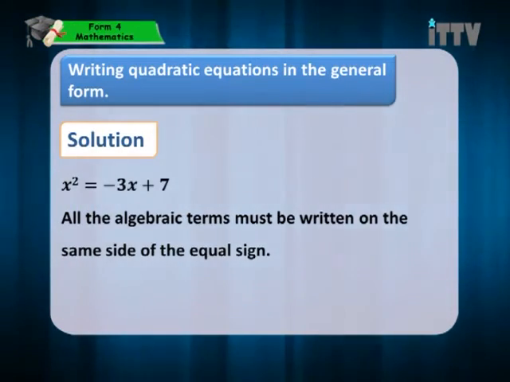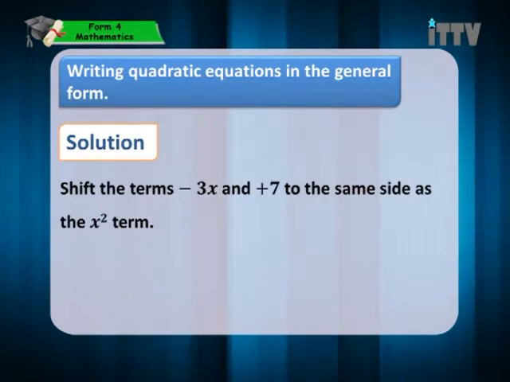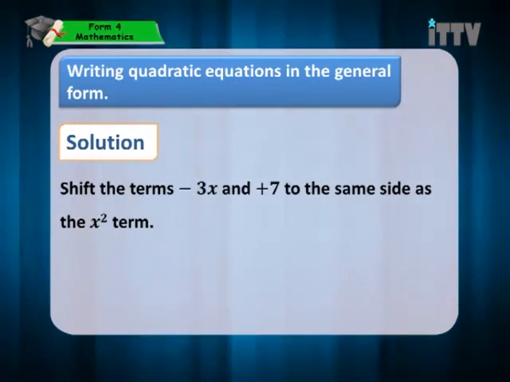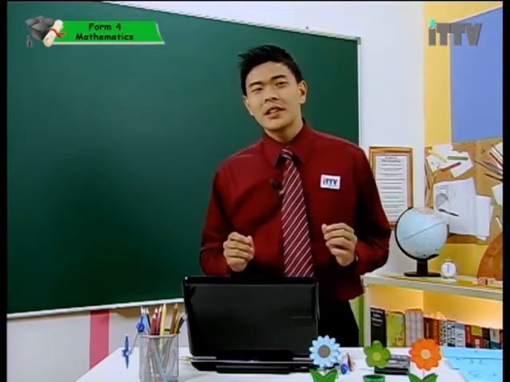So what does it mean? Shift the terms negative 3x and positive 7 to the same side as the x squared term. This means that when you have a quadratic equation, you must always shift all the terms to just one side. And which side do you go to?